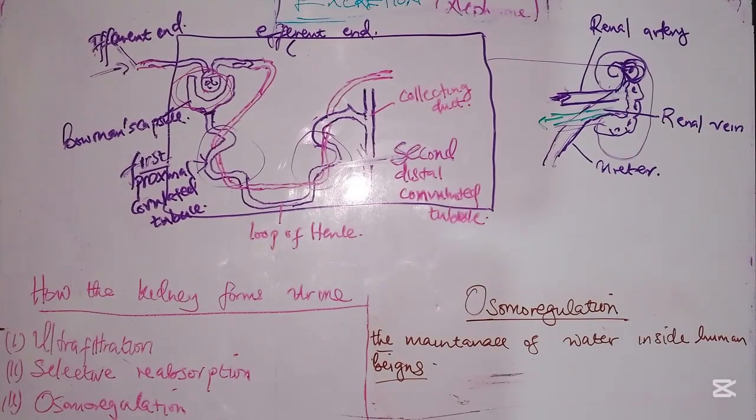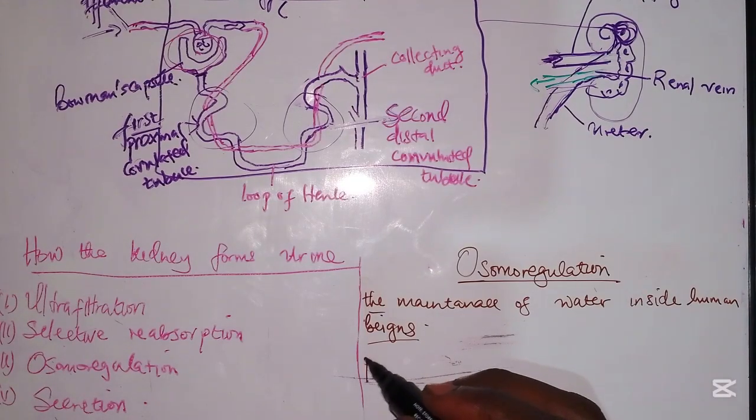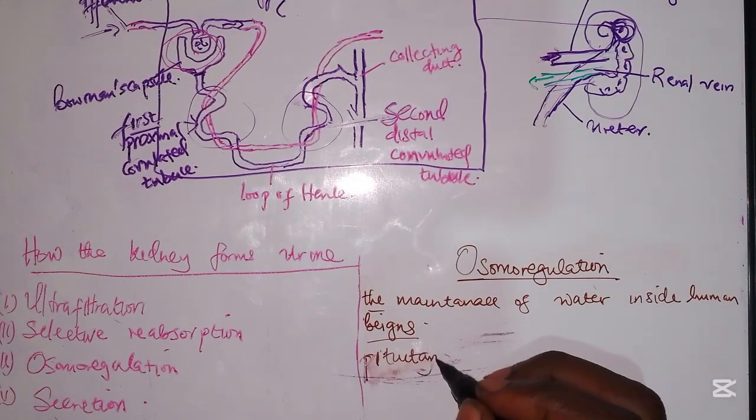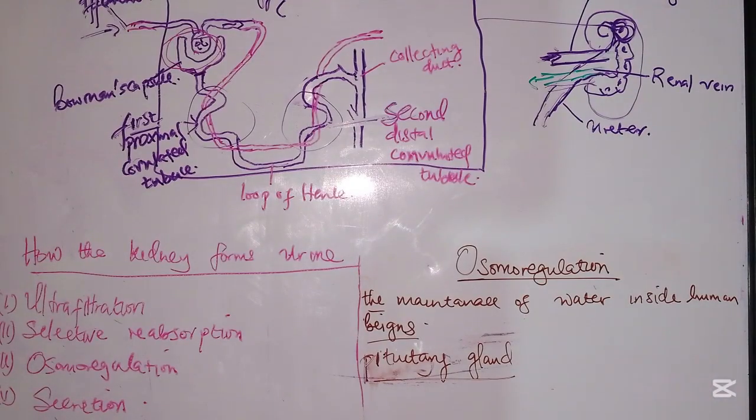Yeah. So now we said that the brain controls the kidney. Now, how does the brain control the kidney? So the brain has a part known as the pituitary gland. So the pituitary gland secretes a hormone which is known as the antidiuretic hormone.